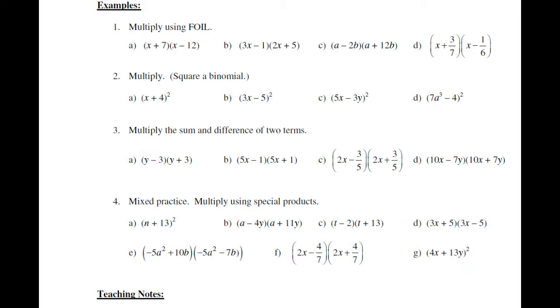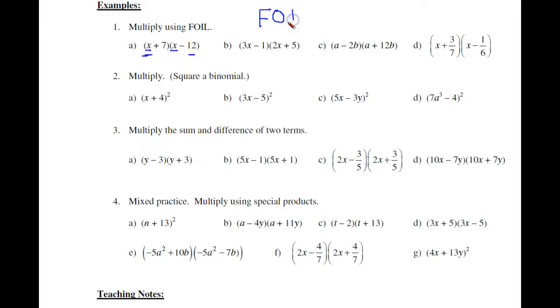To start us off, we're going to do the FOIL. And the FOIL is an acronym simply referring to the first of the binomials that we have in each of the sets, the first member. The O will be the outers, this one and this one.